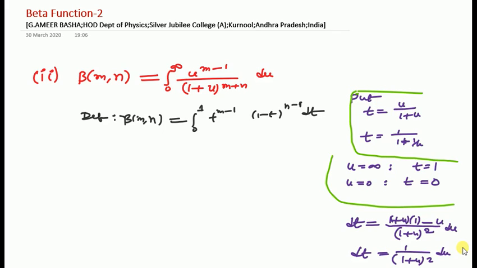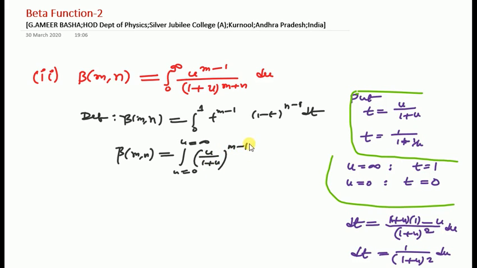Then proceed. Come back to our original equation. So beta of m, n will be equal to the integral with limits: when t is 0, u is again 0, and when t is 1, u is infinity. In place of t I substitute u by 1 plus u, whole power m minus 1.